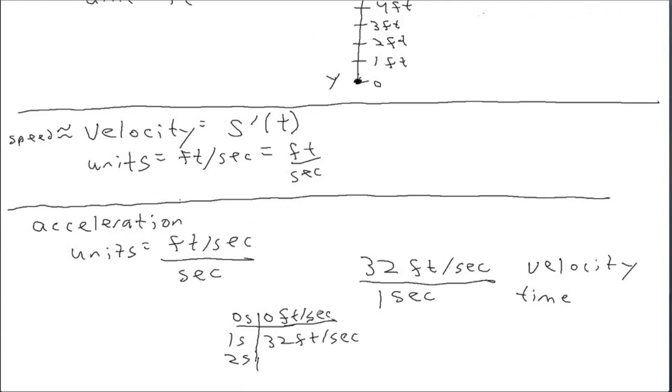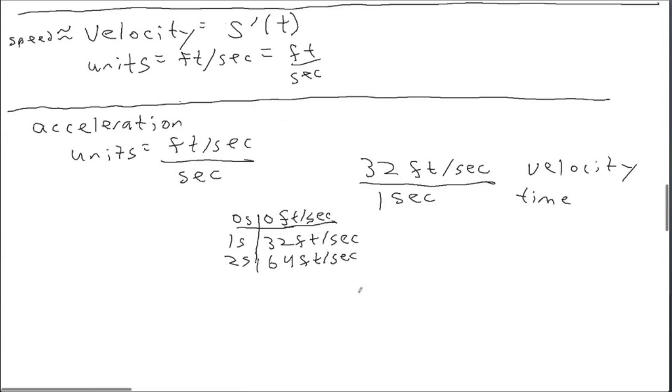Then after 2 seconds, notice that every second, the velocity is changing by 32 feet per second. That's what the acceleration tells us. So after 2 seconds, it would be moving at 64 feet per second. You know from common sense that if you drop something, it'll start moving very slowly, and then it'll move faster and faster until it hits the ground.